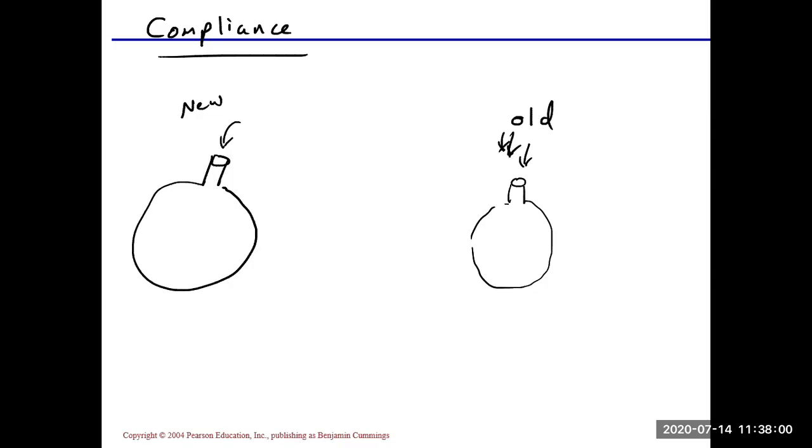You're having difficulty blowing it. So this is low lung compliance, and this is high lung compliance. High lung compliance means healthier lungs, and low lung compliance means lungs that are not expanding well. Another physical property that is important is called elasticity.